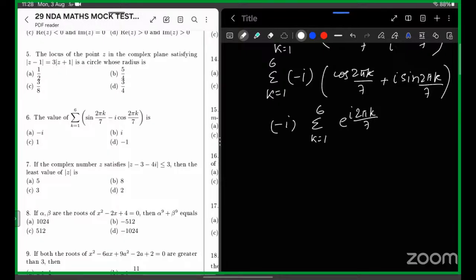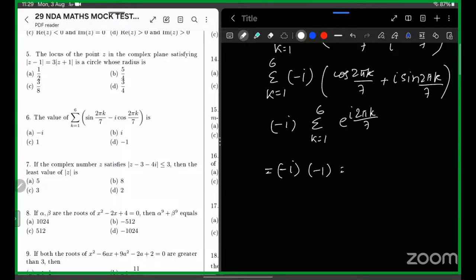So in that case, the value will be equal to, if you go through the long calculation, you are going to get its value as minus 1.